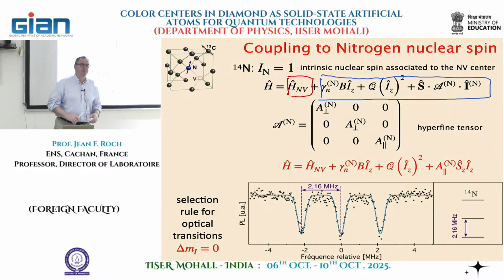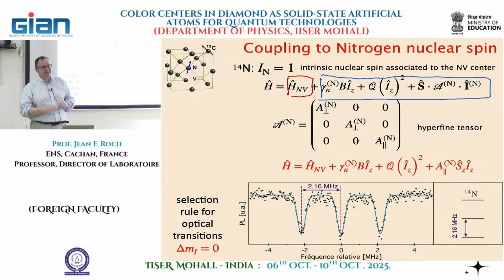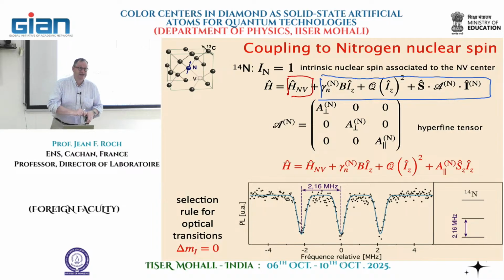Then there is this term. This term is a quadrupolar term. And this is perhaps a little bit more complicated, but this quadrupolar term exists if we have a spin which is different from 1/2. If it's 1/2, you do not have that term.